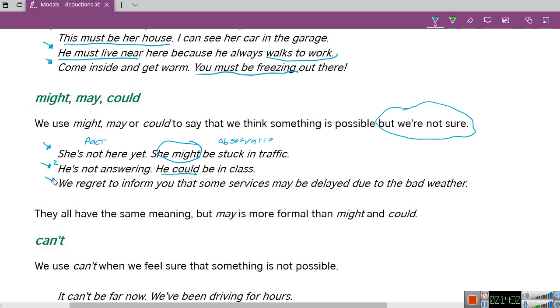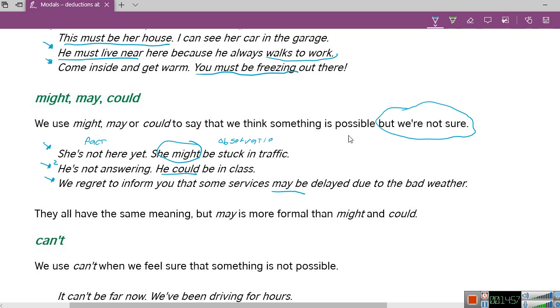And finally, this one. We regret to inform you that some services may be delayed due to the bad weather. So the bad weather may be delaying some flights. We're not so sure about that. It's not so bad yet, but it's possible that in the future it gets worse.